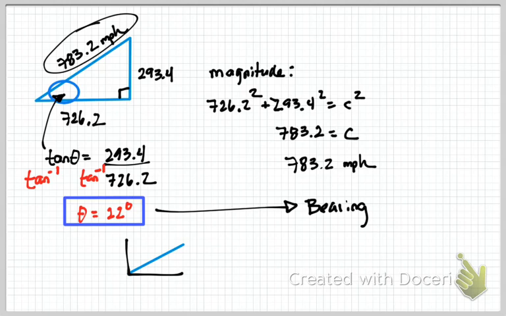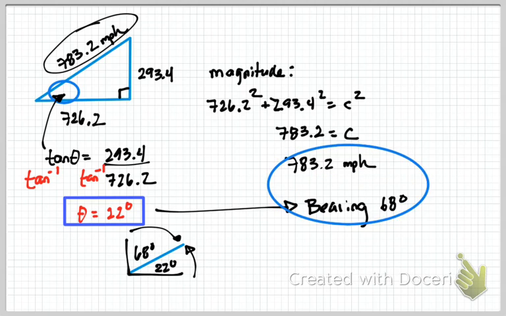If this is 22, going this way, what's left? 68. Is this what you got for your bearing in the last problem? It's 22 from taking the tan inverse of these.